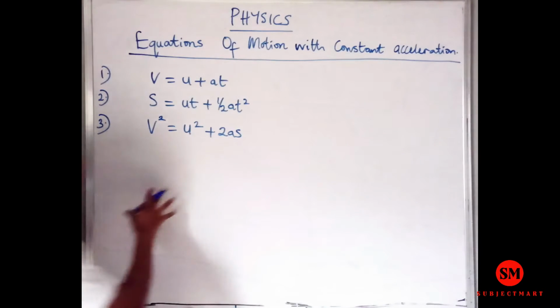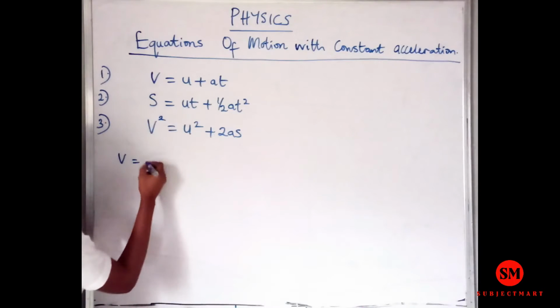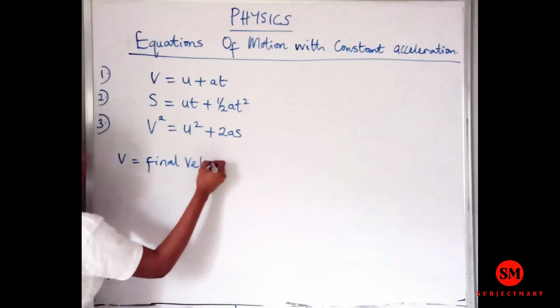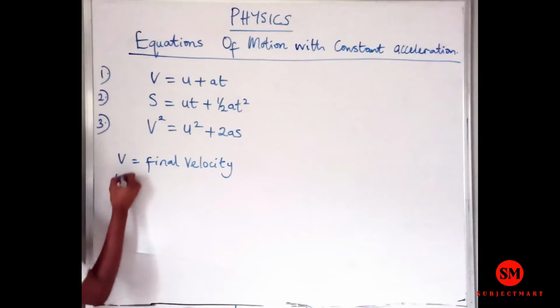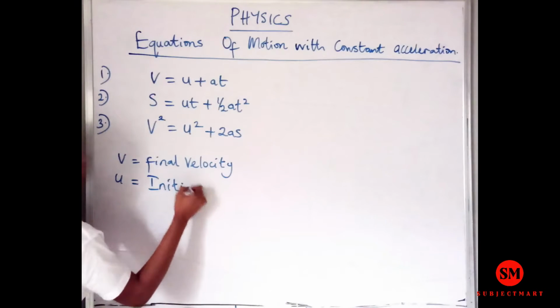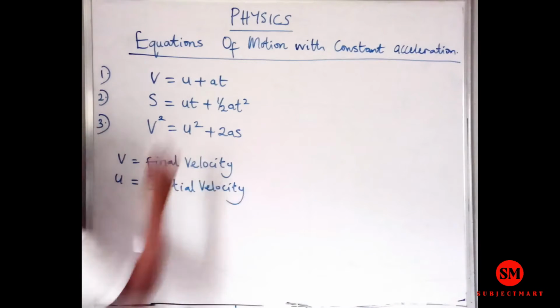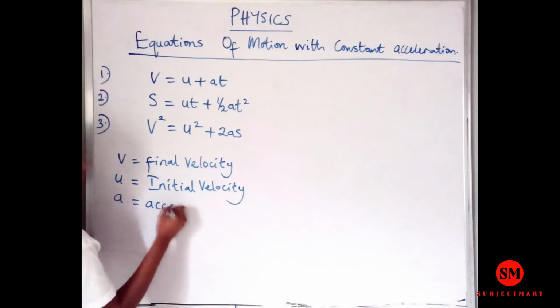Now I'm going to define the terms. V is the final velocity. U stands for initial velocity. A is the acceleration.